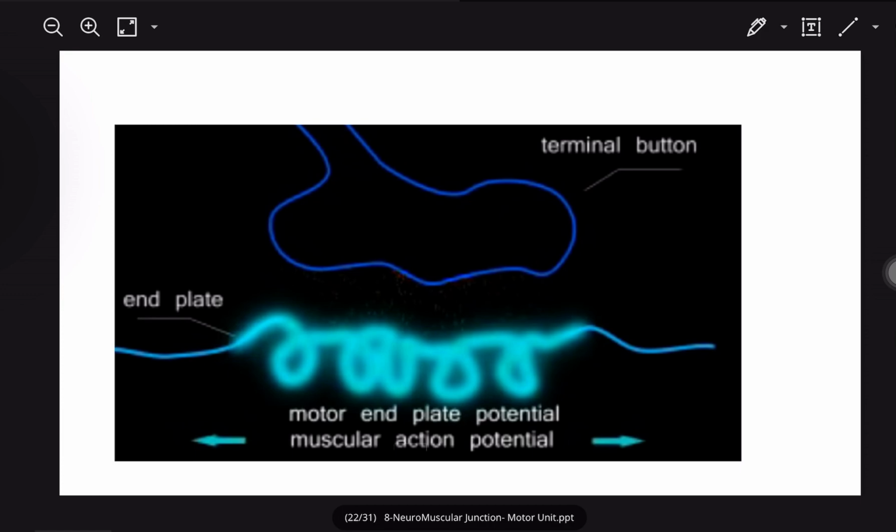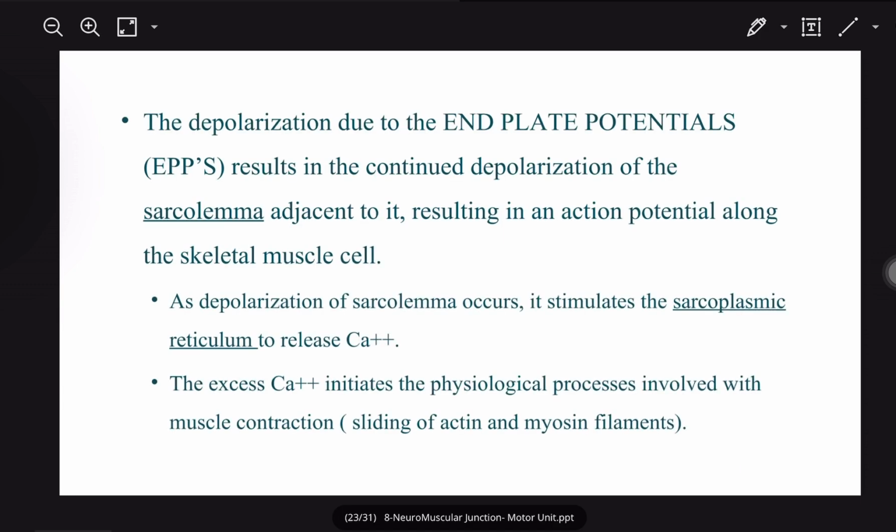So we have, as we said, the terminal, this is the end plate, and this is the motor end plate potential. The muscle action goes all the way into the plate. All of it will react, not a small section.